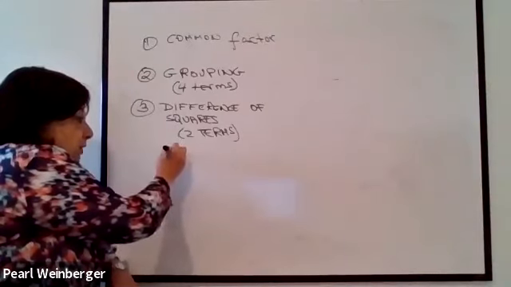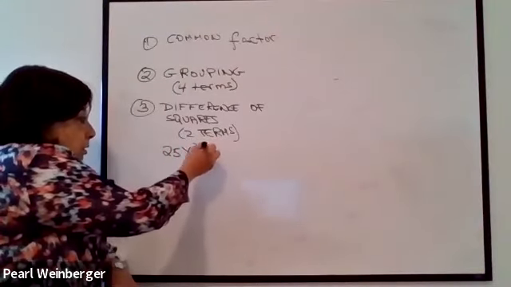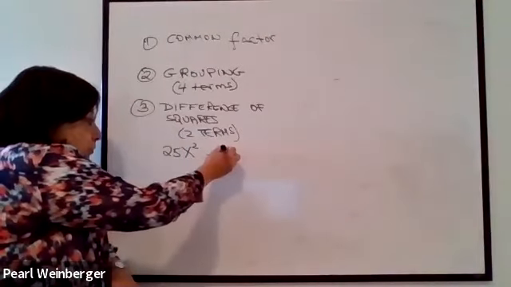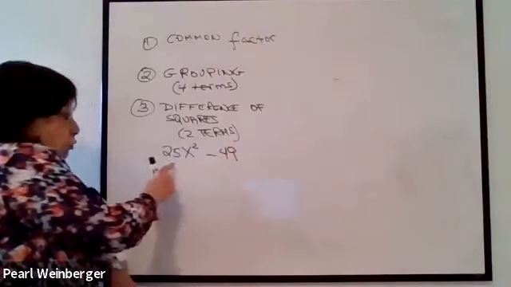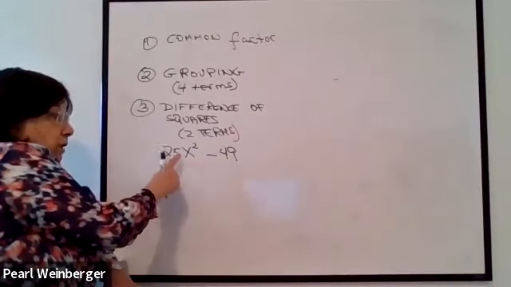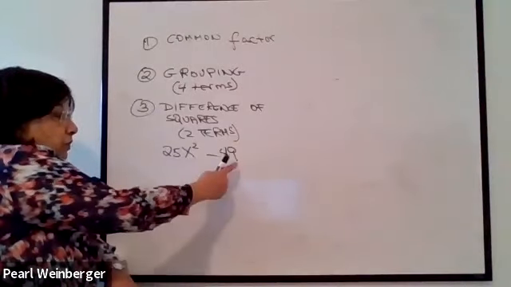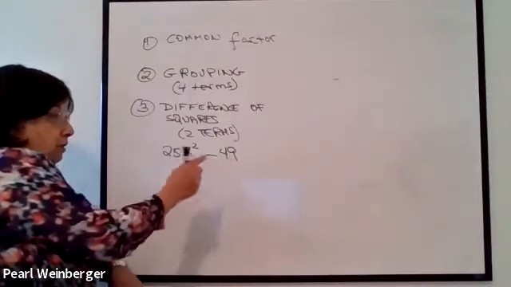In other words, you might have something like 25x squared minus 49. 25x squared is a perfect square. It's 5x times 5x. 49 is a perfect square. It's 7 times 7.